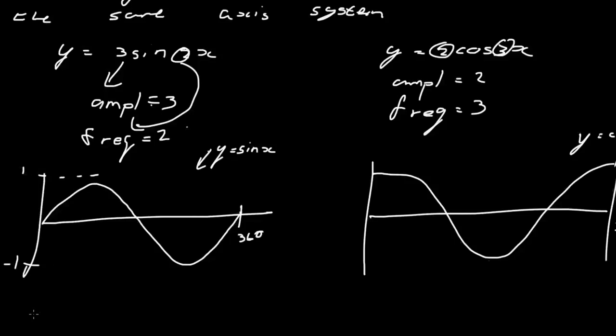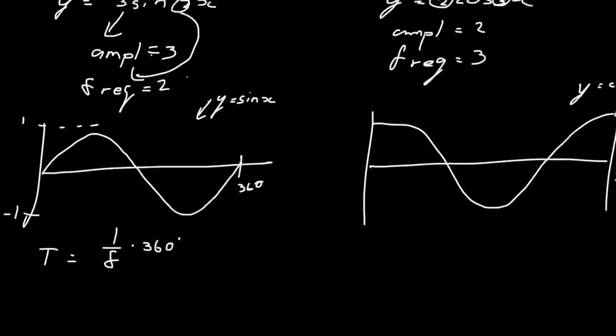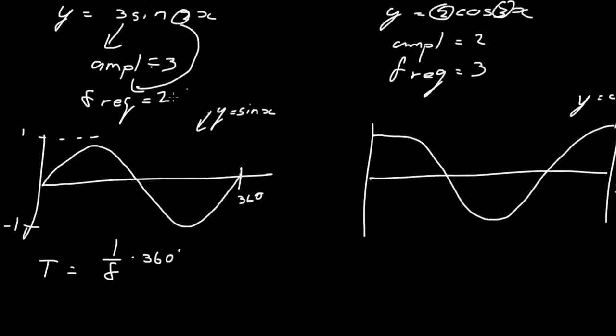So period, which is represented by T, equals 1 over frequency times 360 degrees. So if you've got a graph with a frequency of 2, then period equals 1 over 2 times 360 degrees equals 180.